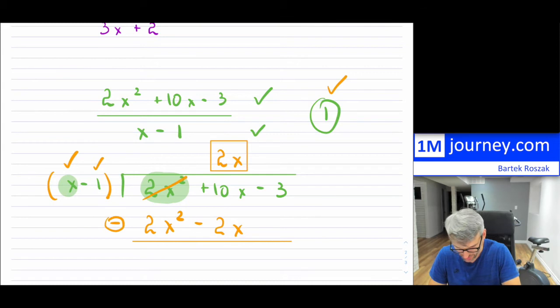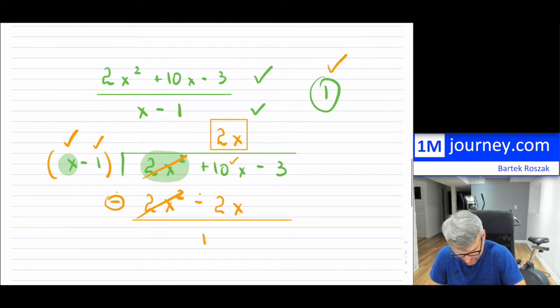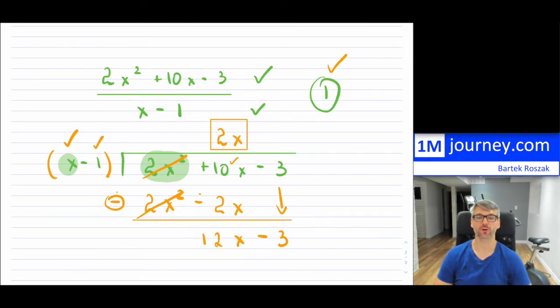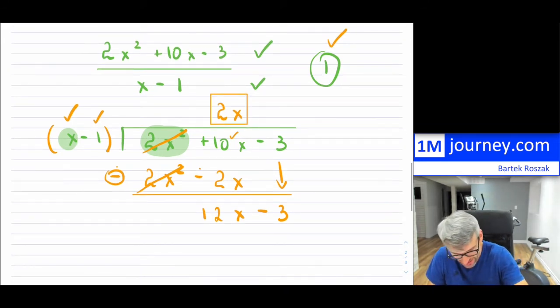So my 2x squared is gone, so that's canceled. And now 10x, now minus and a negative right here, so that's going to be plus. So this is going to turn into plus 12x, and I'm going to bring down my negative 3. All right, so that's what follows. Okay, so once I have this, now I'm going to move over, and I want to be able to, again, cancel off this 12x in front.